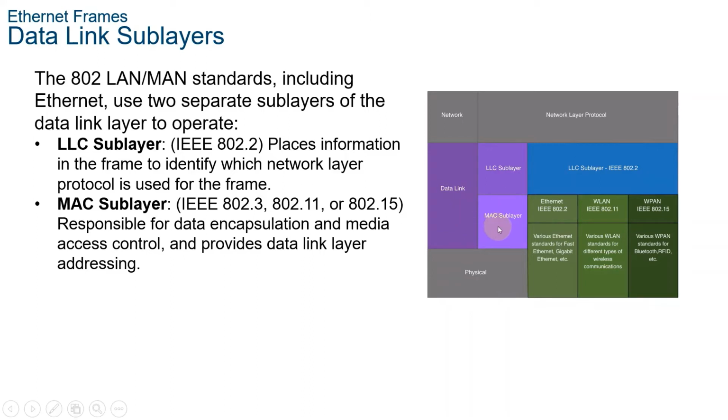The MAC sublayer, IEEE 802.3, 802.11, and 802.15 for example, is implemented in hardware and is responsible for data encapsulation and media access control. It provides data link layer addressing and is integrated with various physical layer technologies.